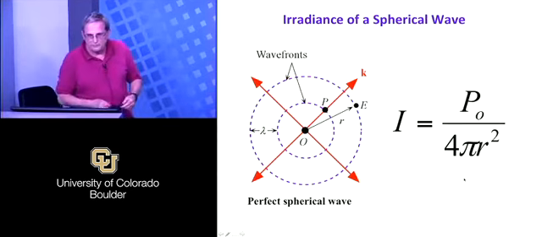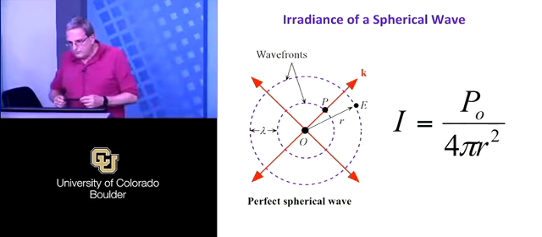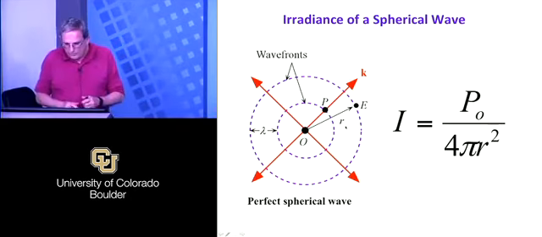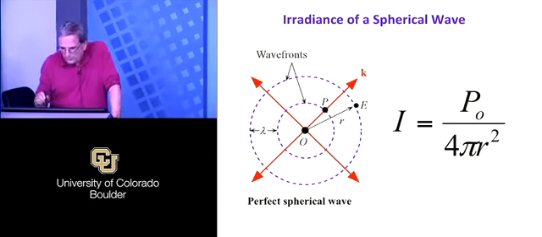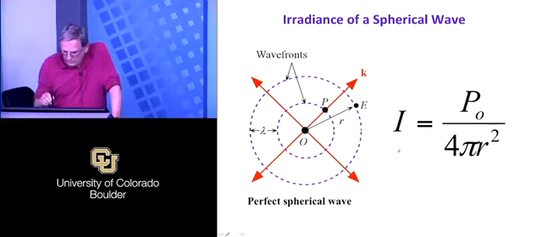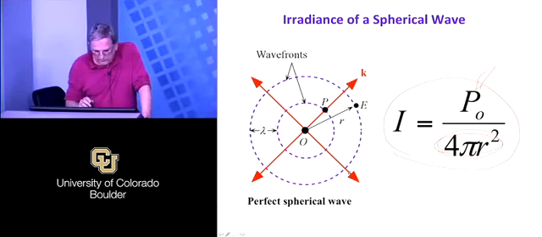So let's think about some waveforms and what the actual optical intensity for those waveforms would be. One of the archetypical waveforms would be the intensity coming out of a spherical wavefront. As we saw before, that looks something like this. It's a power divided by an area that gives us the intensity.